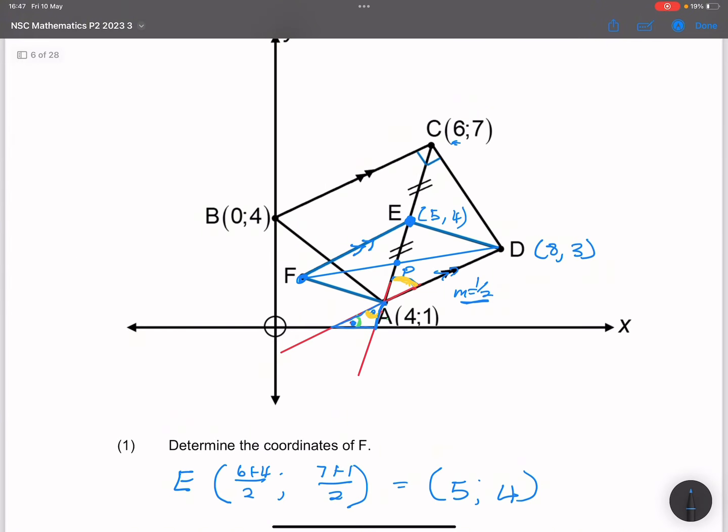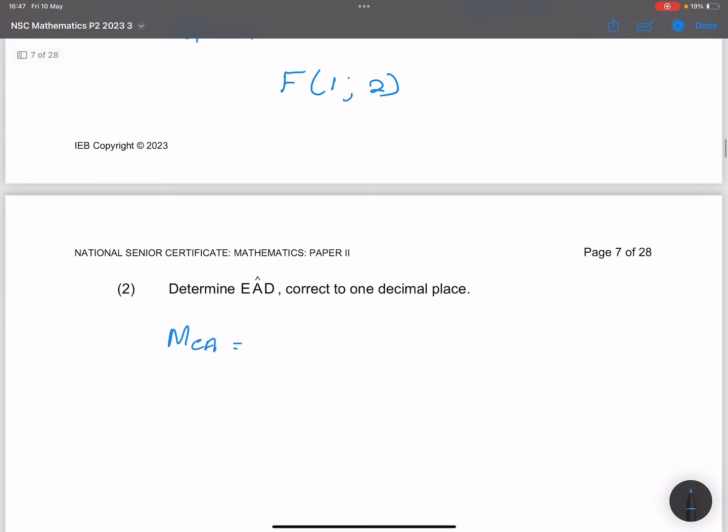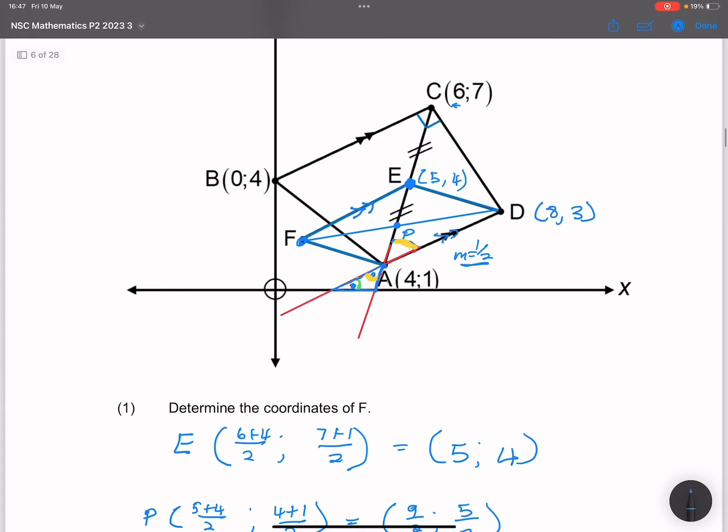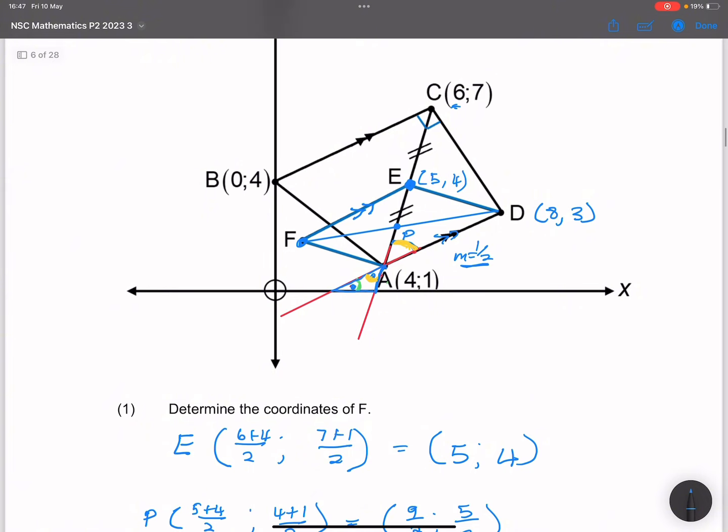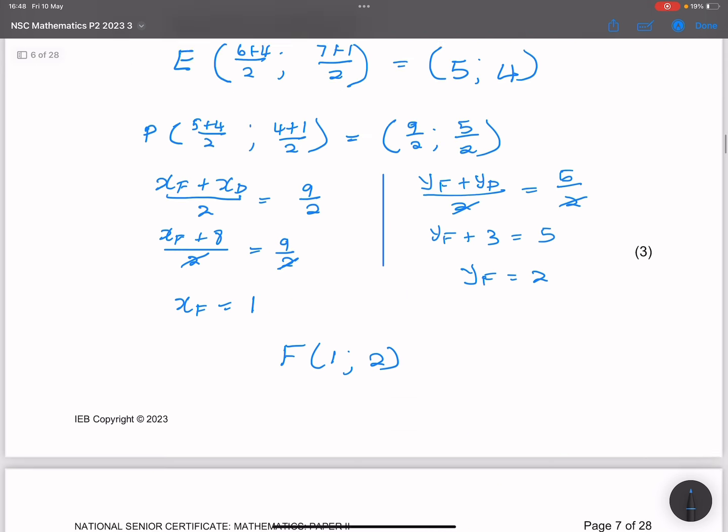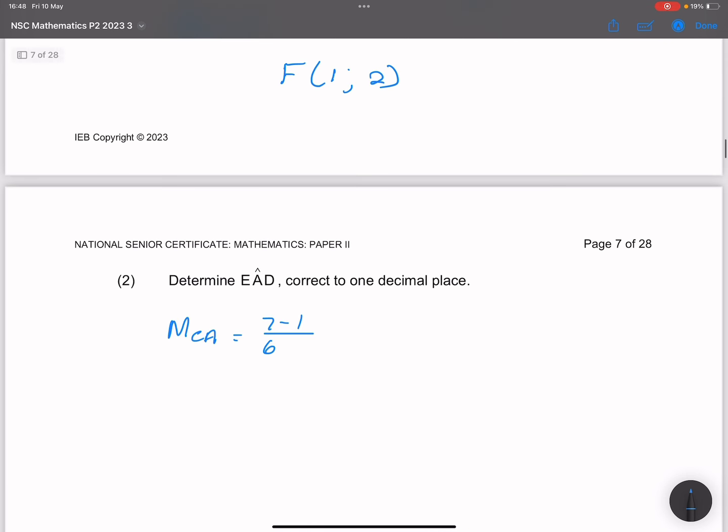That's 7 minus 1 over 6 minus 4, that's y2 minus y1 divided by x2 minus x1.